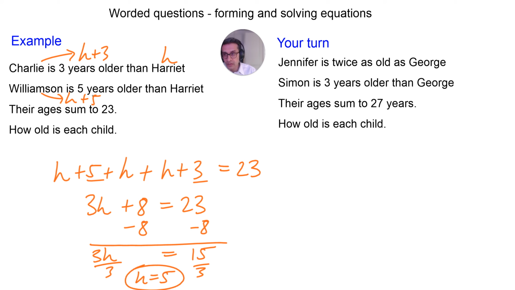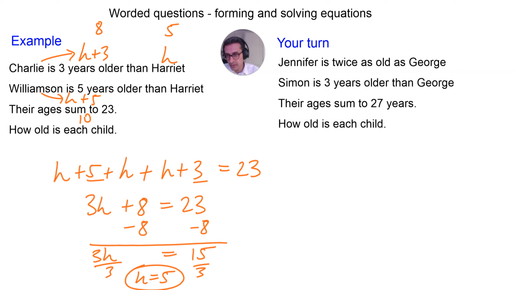We can check this by substituting it back in here. So 5 plus 3 is 8. H is just 5, and then 5 plus 5 is 10. If we add these numbers up, we should get 23. So 10 plus 8 plus 5 is going to give you 23, so that's correct. So you can self-check in an exam.